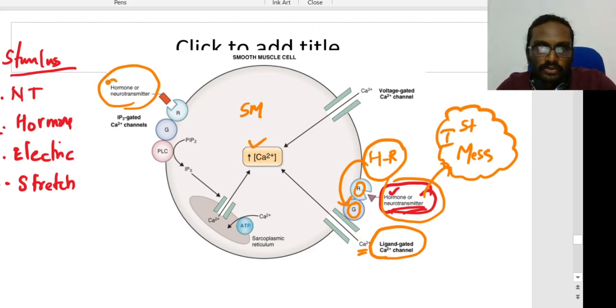Some hormones or neurotransmitters have receptors which act through the same G protein but in a different way. They can also activate certain second messengers.